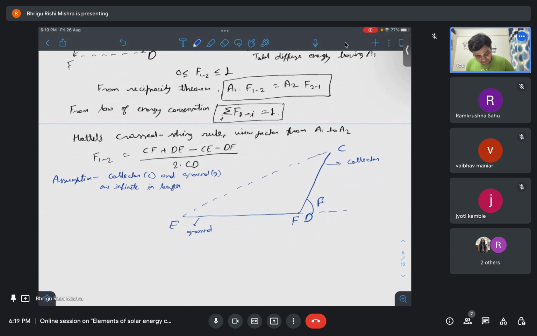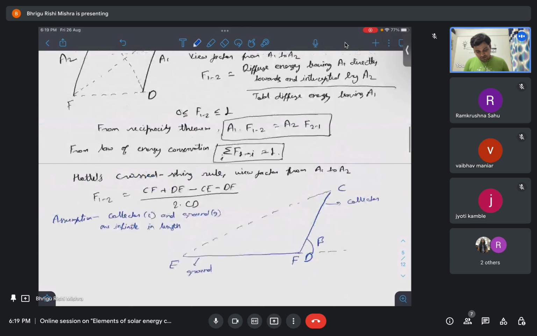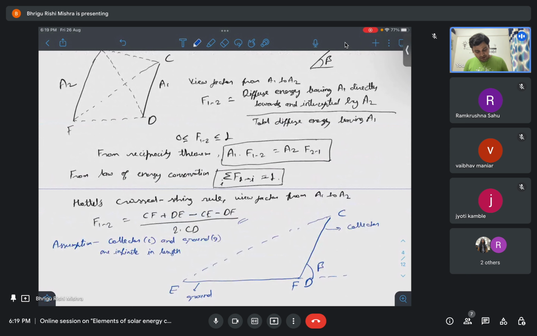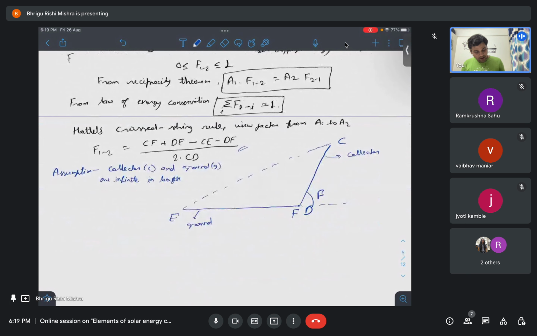Now if I connect this CE, so from this formula, the collector to ground view factor FCG is the sum of the two diagonals.